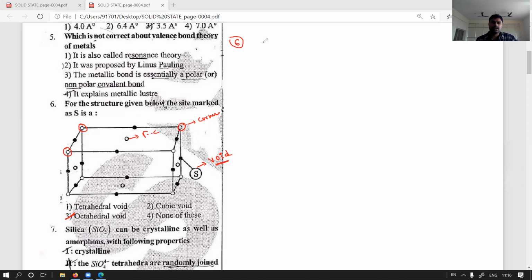We know that octahedral voids are present at the body center and edge centers.